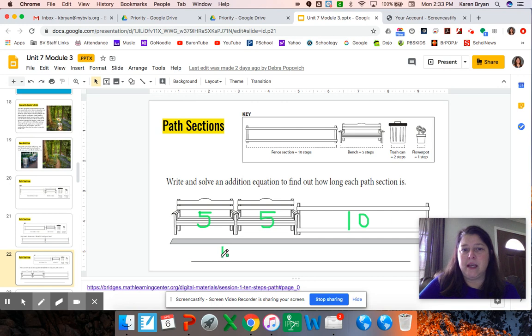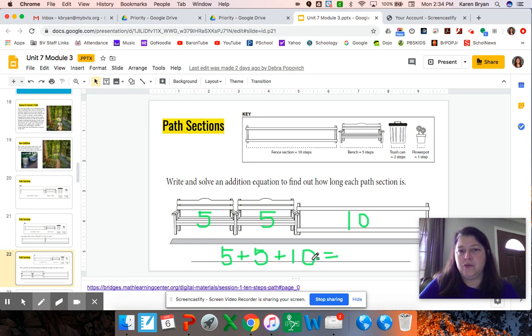Well, we would take our first 5, we would add it to our next 5, and we would add it to our next section, which is a 10. And take a look there, we have 3 add-ins. And we were talking about that in Number Corner. Do you remember when we have 3 add-ins that we want to look at just 2 of them to start with?